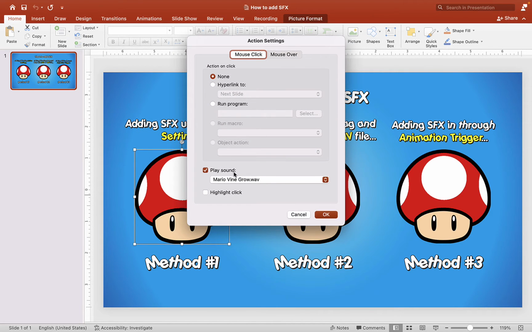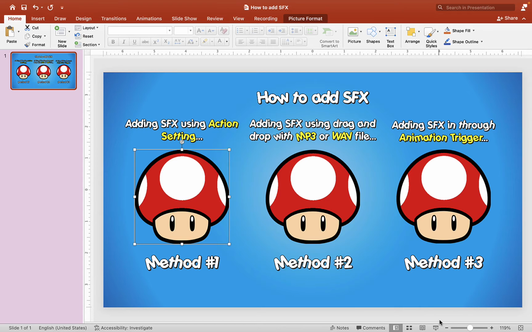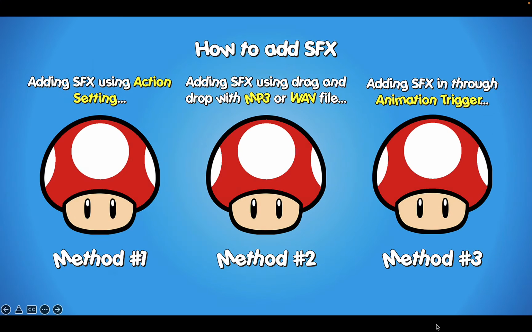You have the sound file embedded. And now we can test it out by clicking on the mushroom. You have successfully embedded a WAV file into your PowerPoint game. You use this for buttons or for games, for animations, whatever you want to do.